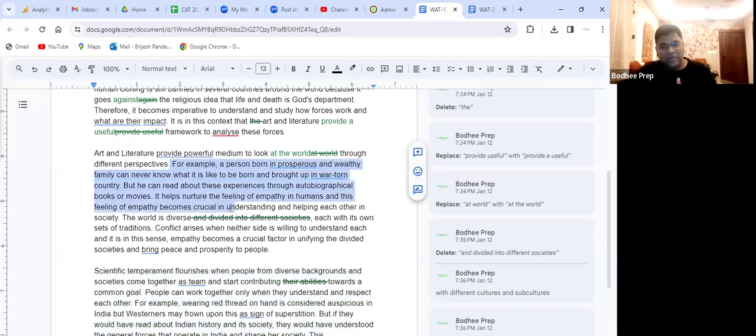It nurtures in you a feeling of sympathy, which is very important when it comes to understanding each other. This is definitely what art and literature can do. That's it. So, in the entire essay, these few sentences are the ones that have the core content, whereas the others either are not in the right shape or they have gone a little off track.